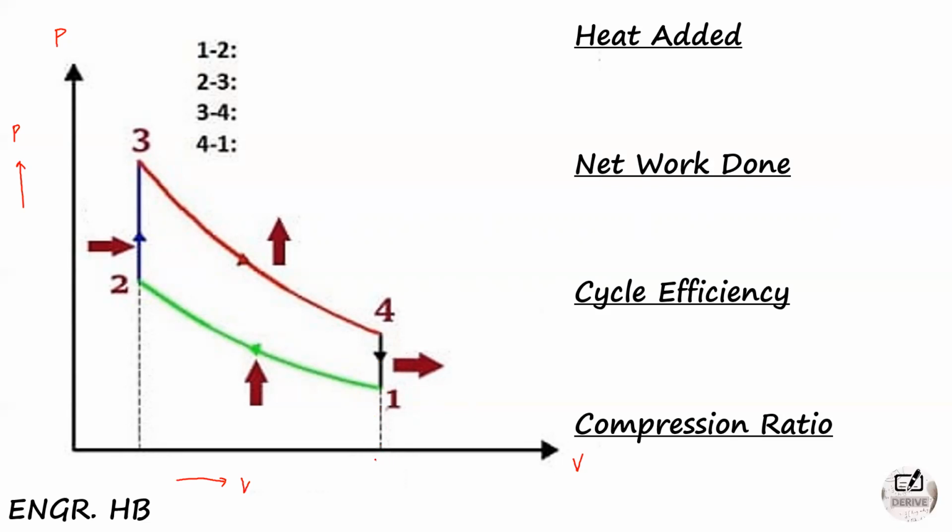So this is V sub 1. And of course, this is V sub 2. Ibig sabihin, ito naman ay, wait lang. So this is of course our pressure 2. And this is our pressure 3.